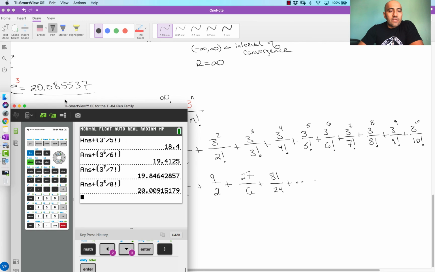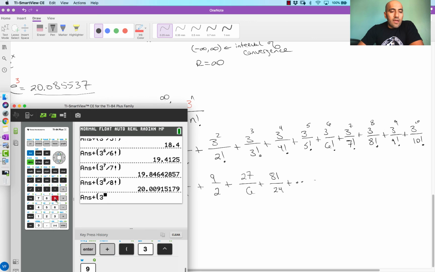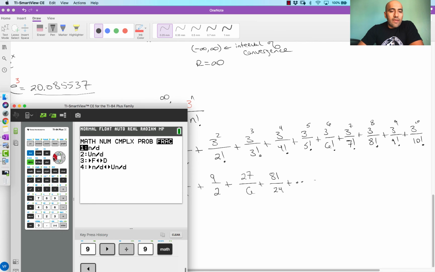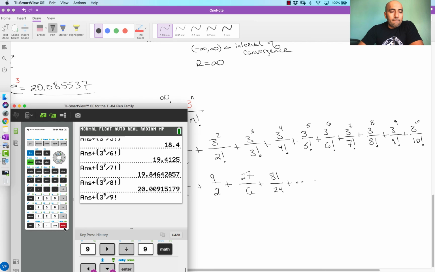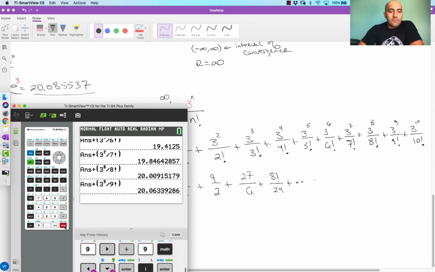Okay, so now I'm getting really close. Add one more term, previous value, plus, and then the next term, which would be 3 to the power of 9 divided by 9 factorial, enter. Again, really close.